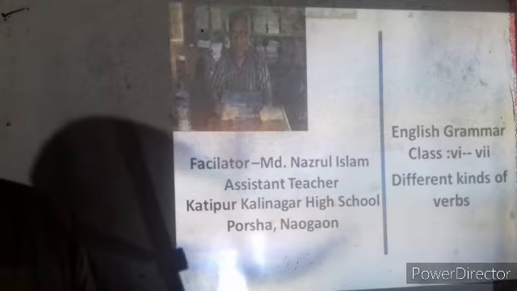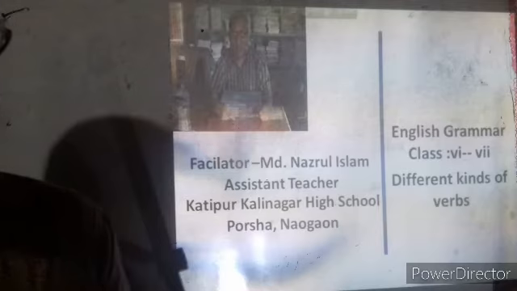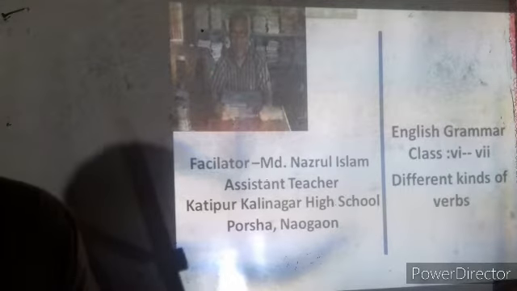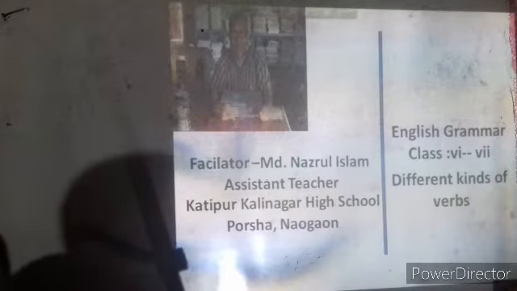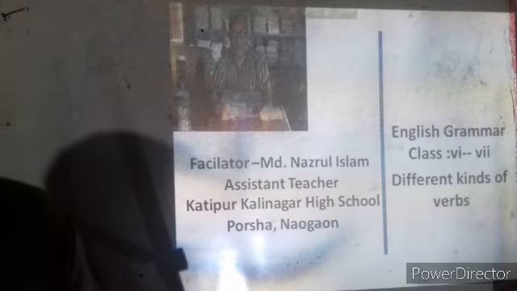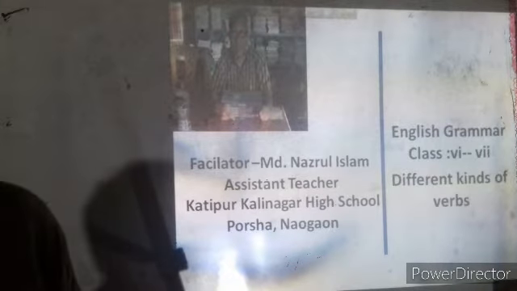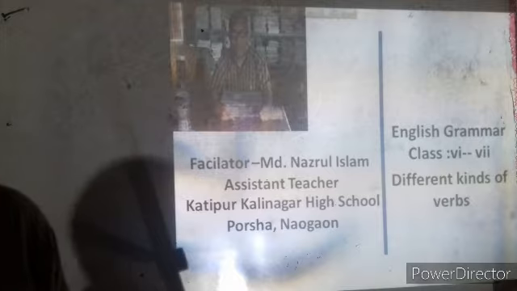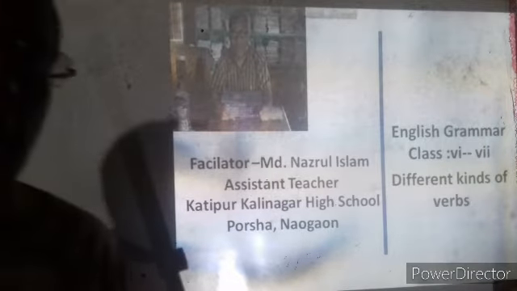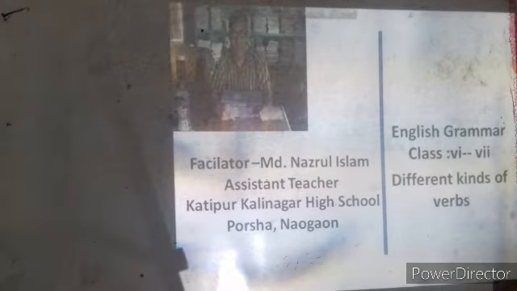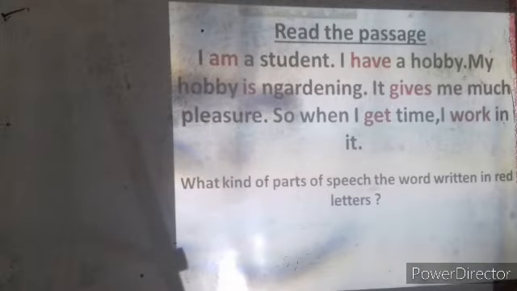My dear students, first of all, you have to take your pen and khata and look at the screen. There are some sentences. First, read the passage. I am a student. I have a hobby.